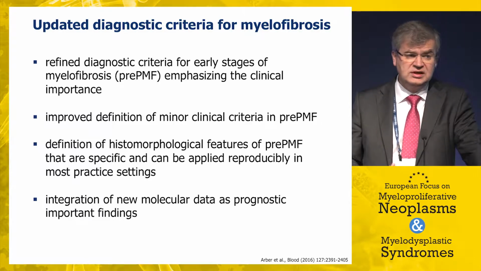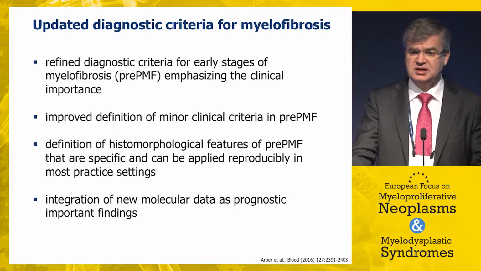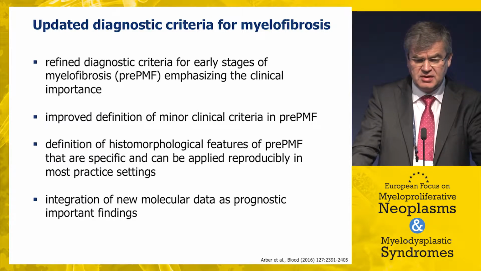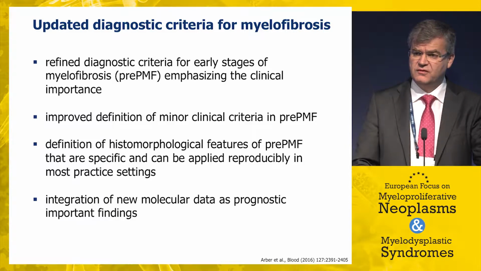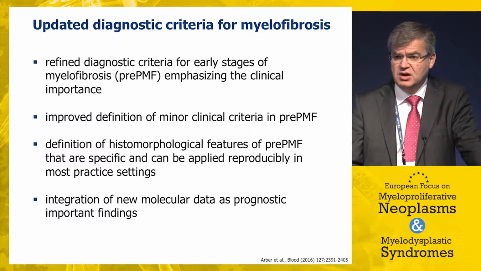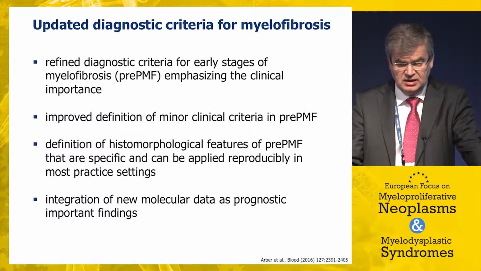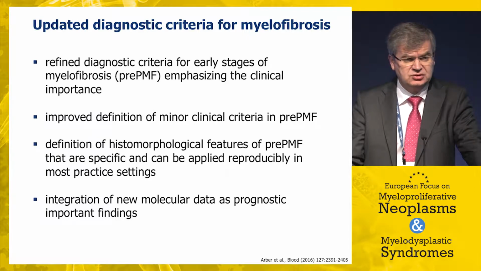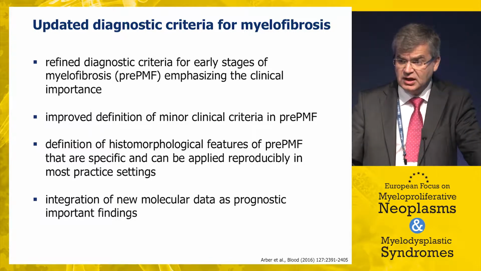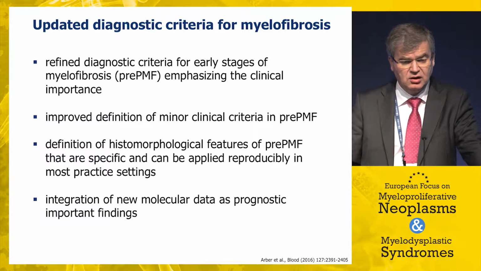We also needed some refinement of the histomorphological features which are the key to make the diagnosis of pre-PMF, and in particular also in view of reproducibility in most practice settings. So how can we apply these criteria for daily diagnosis? And finally, also the integration of new molecular data, prognostically important molecular data, and also data from the molecular point of view which are important to establish the diagnosis of an MPN, in particular myelofibrosis.